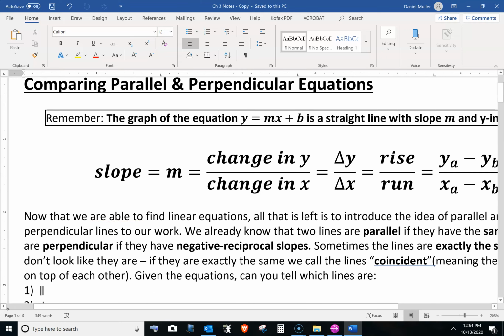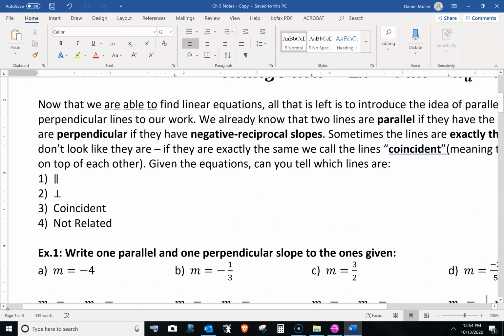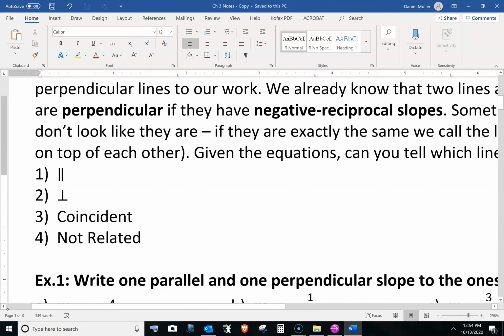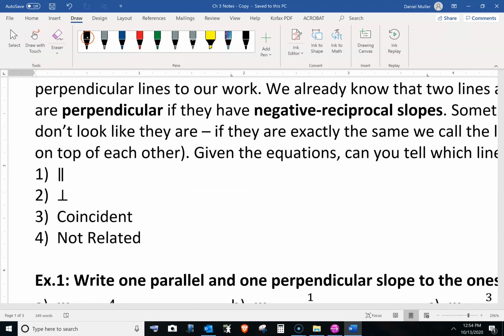So we have already done parallel and perpendicular, but just to keep in mind these words. So this one right here is parallel. Parallel. They're side by side. That's where they have the same slope. It's identical. This is perpendicular.